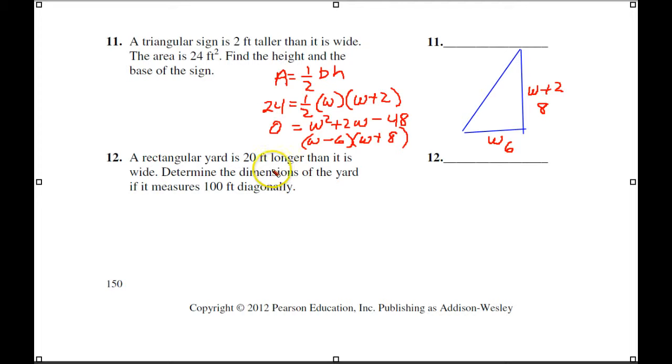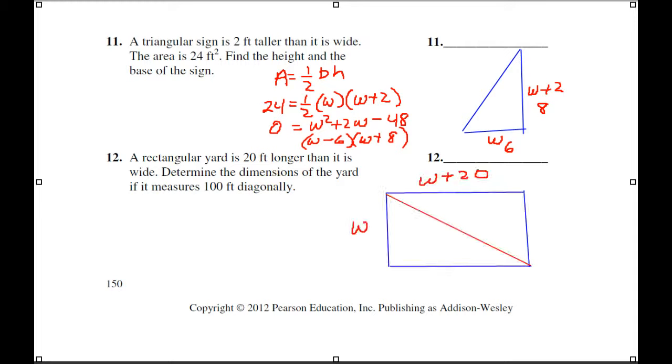And again, we'll make a picture for this one. Okay, we set it up. There's a rectangular yard. We don't know the width, but the length is 20 more than the width. And they're asking us to determine the dimensions of the yard if the diagonal, which is this line, is 100 feet. So we have, in a sense, a Pythagorean Theorem problem.